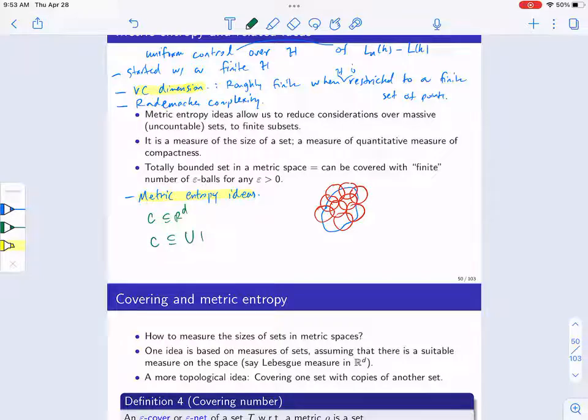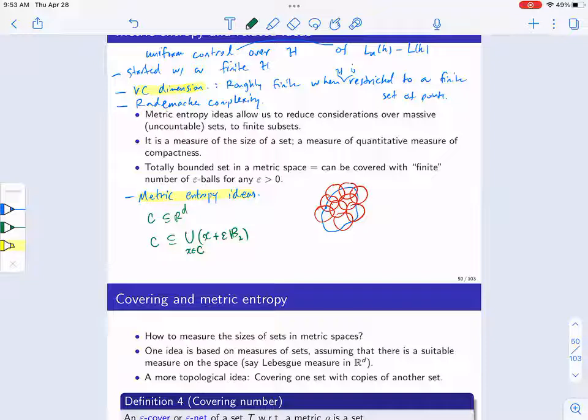You write it like this: x plus epsilon B, where B is the unit ball of L2. I rescale it by epsilon, so the radius is now epsilon, and I shift it to x, where x belongs to C. If I put a ball of radius epsilon around every point, then this certainly covers C.